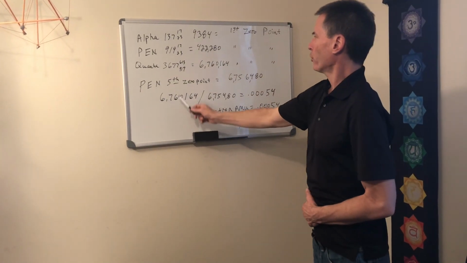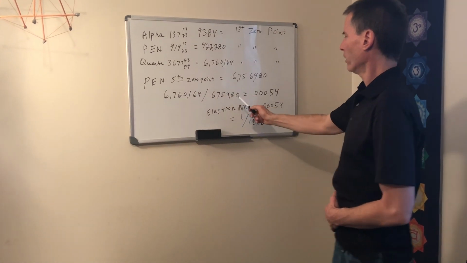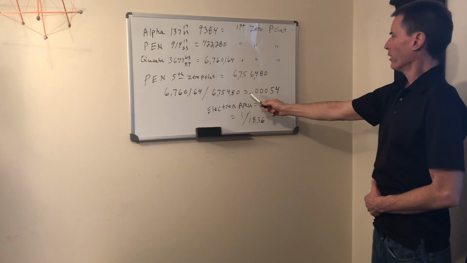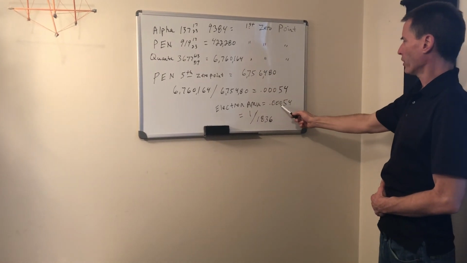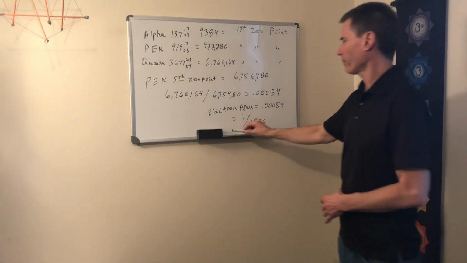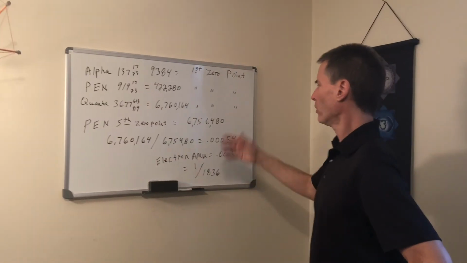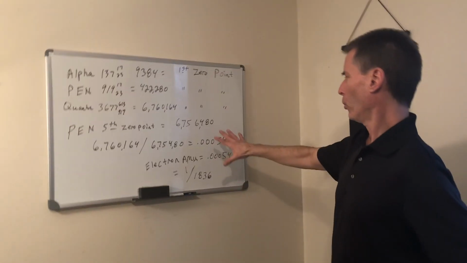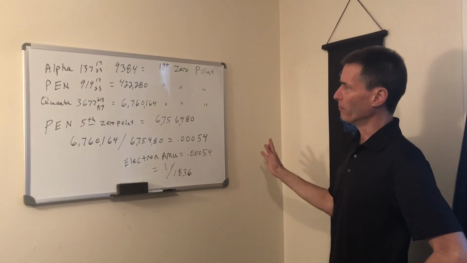When you take the first 0 point of the quanta scale and you divide it by the fifth 0 point of that Penn scale, you get 0.00054. And that's the electron's atomic mass unit, 0.00054, which equals approximately 1 divided by 1836. Now, as these two numbers continue to double, the difference between them will maintain that same difference, 0.00054, ad infinitum.